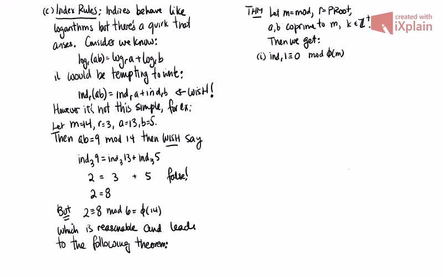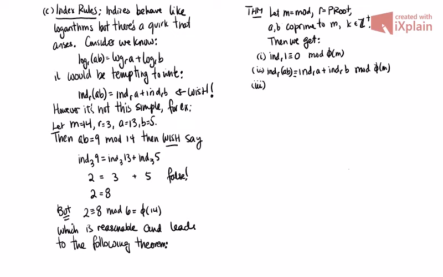Because r to the 0 is 1. But now it's a modular statement. The second one corresponds to what we just said. In other words, the index base r of ab is congruent to the index base r of a plus the index base r of b mod phi of m.